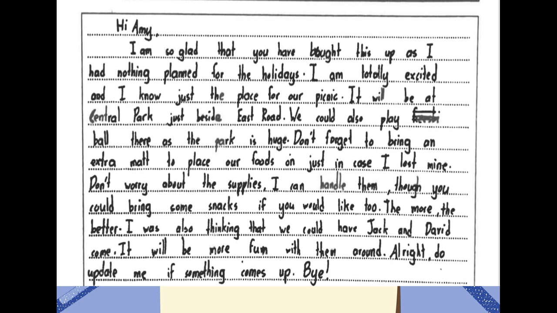Remember, you write this email to your friend, so you don't have to be formal when you write your response. For example, the sentence is, I am so glad that you have brought this up. Another example is, I know just the place for our picnic. Next one, it will be at Central Park.